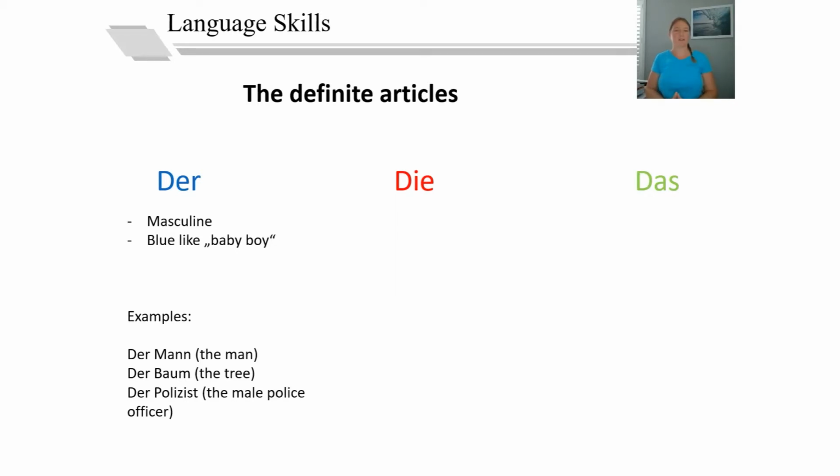Examples here could be der Mann, the man, der Baum, the tree, der Polizist, the male police officer, and as you can see by the examples, very clear, more male nouns. Der Baum, the tree, is also more masculine, and a male police officer is der Polizist.